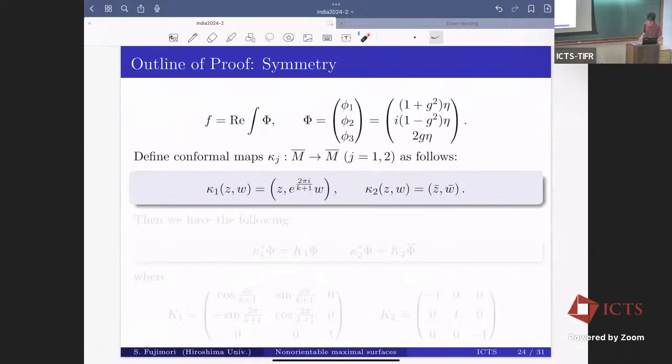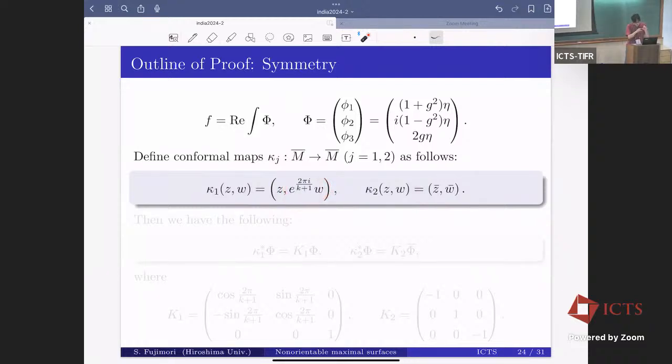Okay. Now, consider the symmetry of the surface to reduce the period problem. In a similar way to yesterday's talk, we define the conformal maps kappa 1, kappa 2 as follows. This is just an involution, where z does not change, but w changes.